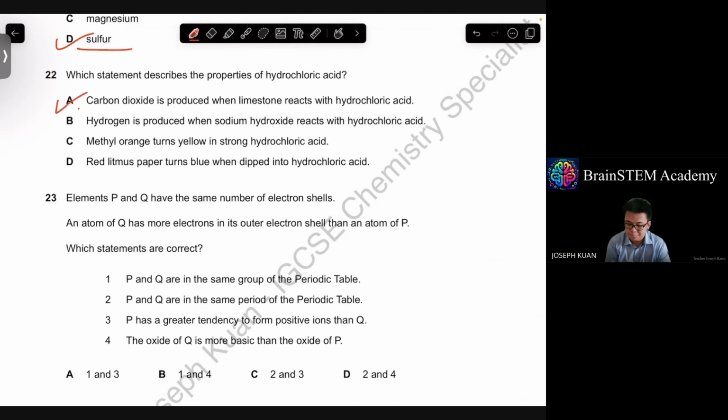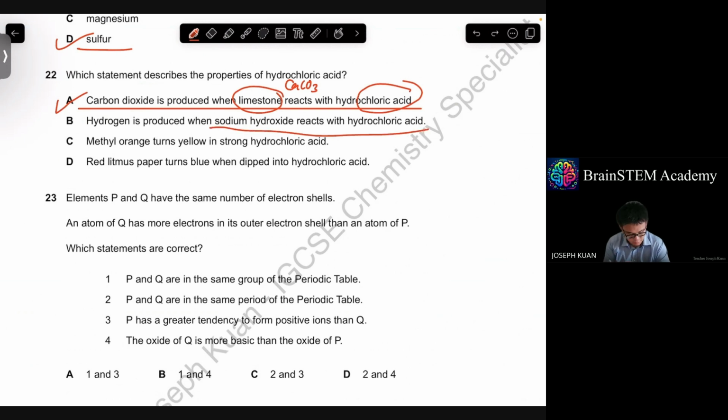The best answer is A. Because it's calcium carbonate. A carbonate reacts with acid to form carbon dioxide gas. So 22 is A, and others are not so suitable. This is neutralization, and it should not form hydrogen, it forms water. Methyl orange should turn red because it's an acid, and then red litmus paper should stay red because of its acidic behavior.